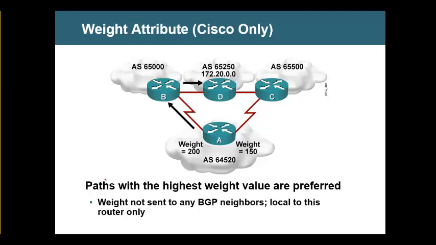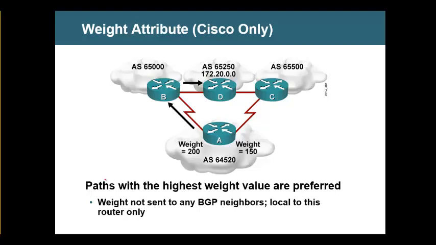If you want only that one particular router to exit via B, not via C, then you may set weight.